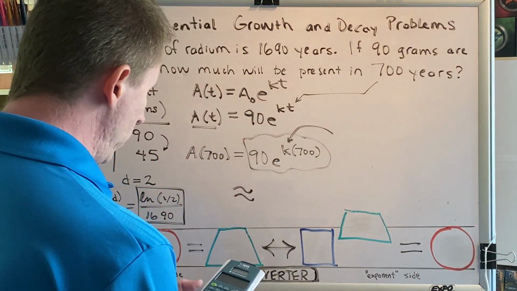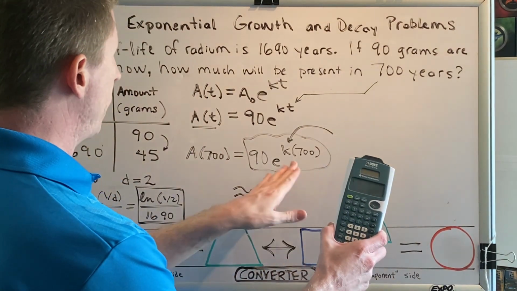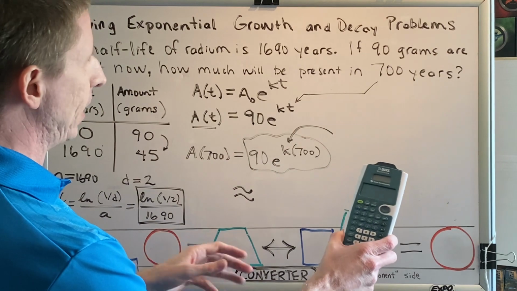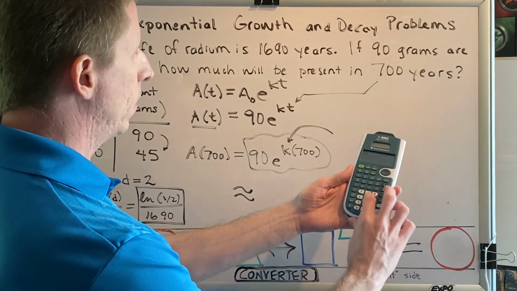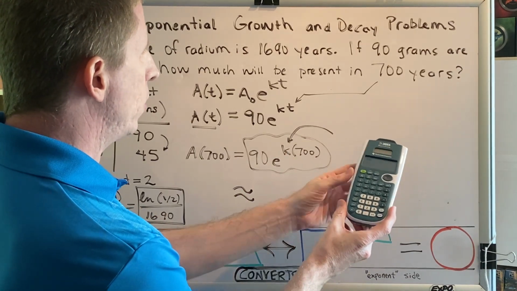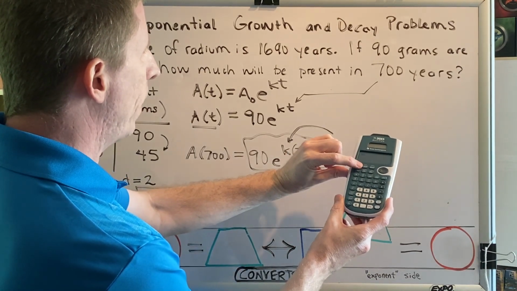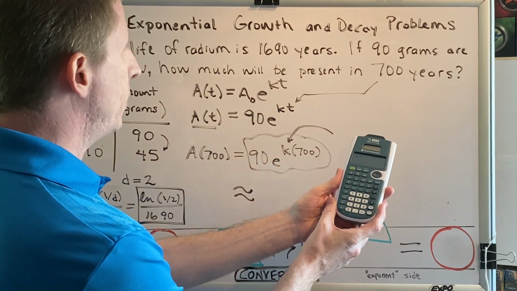All right, so what I'm going to do is use my TI-30XS MultiView calculator, and I'm going to enter this entire thing as a single expression. So here we go. First thing I'm going to do is enter the 90. Then I need e raised to a power, so I'm going to do the second button followed by the ln button. My power needs to be k times 700.